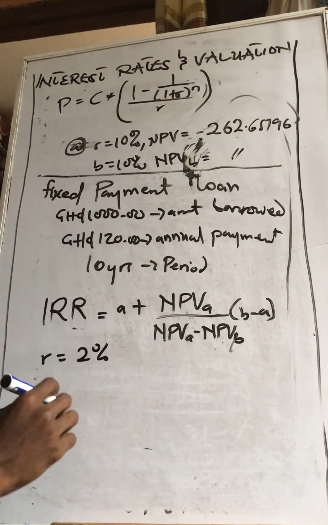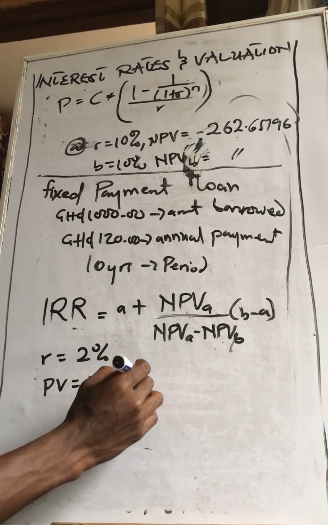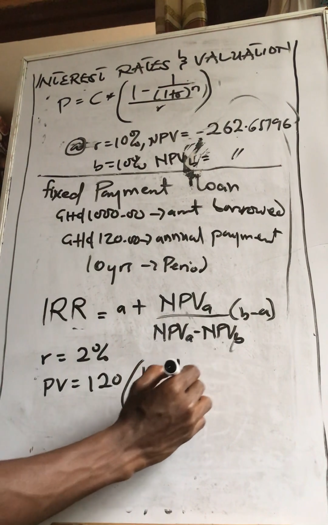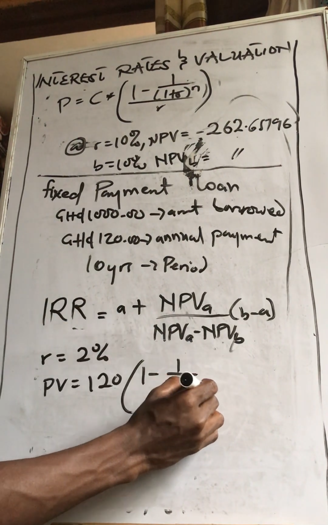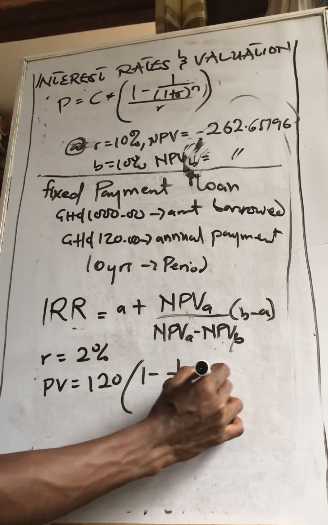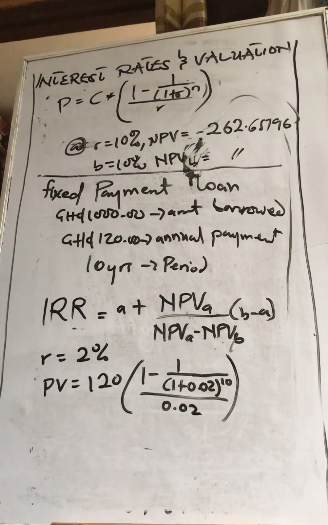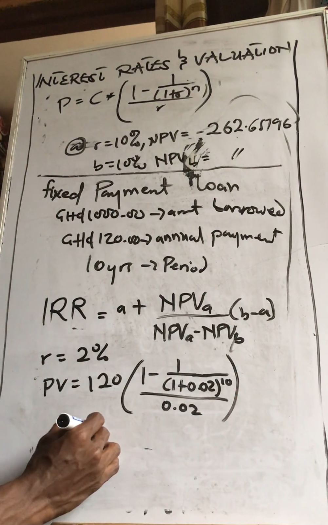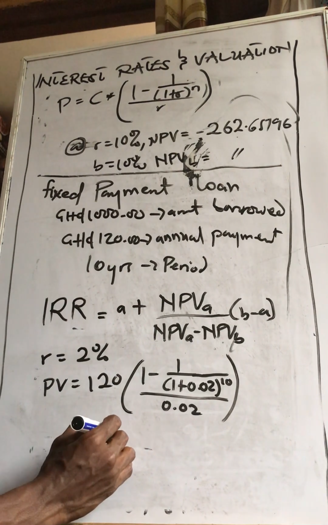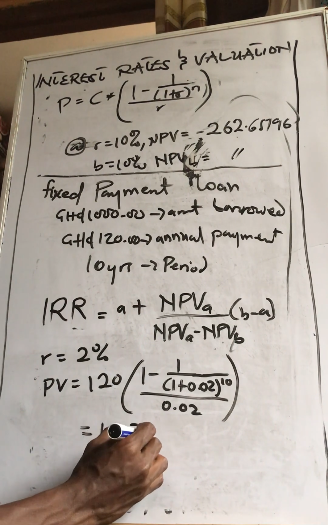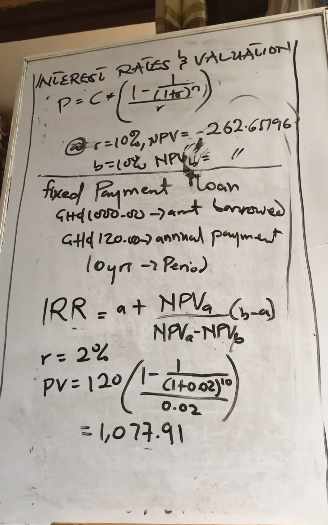We are using this formula. I have PV equal to 120 times 1 minus 1 over 1 plus 2%, which is 0.02, with N being 10, all over 0.02. What answer do I get when I do the simplification? I get 1077.91.